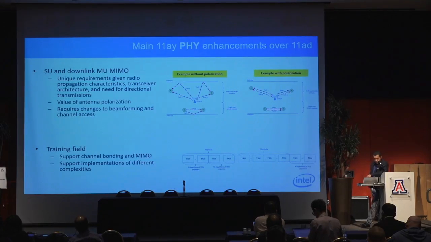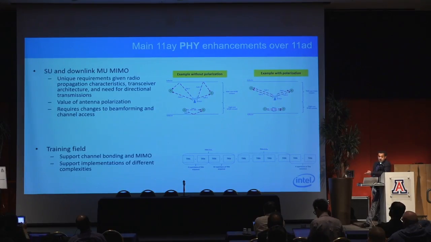Something else we do in 11AY is MIMO, and I mentioned that in the previous slide. The type of thing that we are trying to do is to take advantage of polarization, so that you can send some streams with one polarization, some other streams with a different polarization, and therefore you get a better capacity.